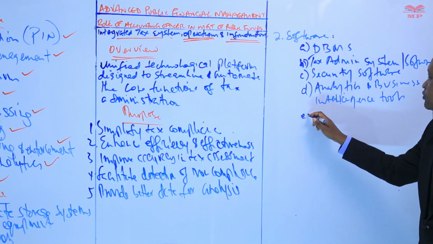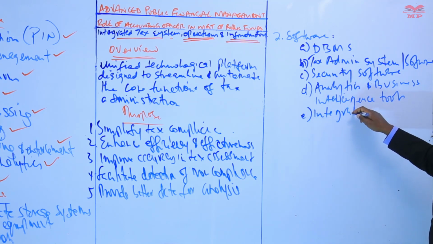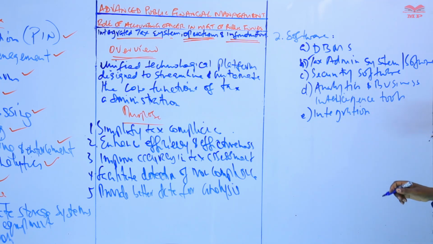Can go on and mention integration middleware. Integration middleware is part of software that is required to put up an integrated tax system.